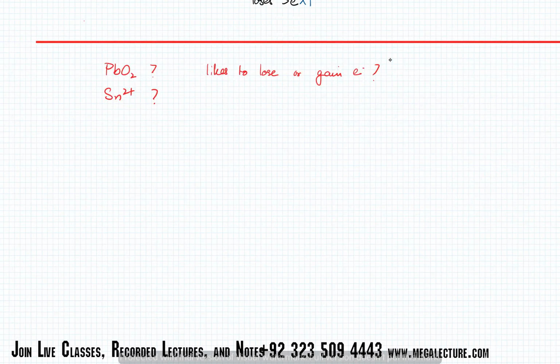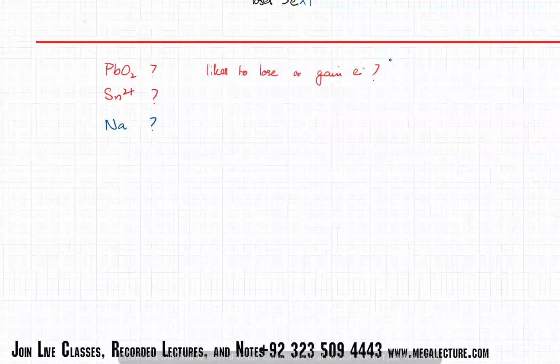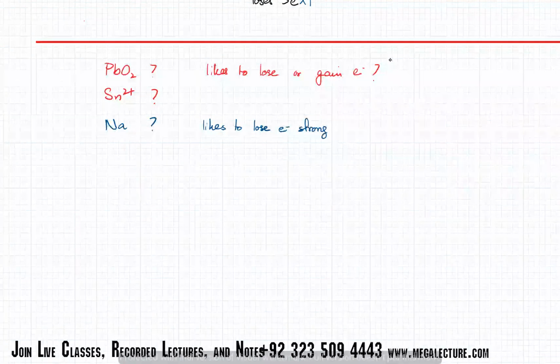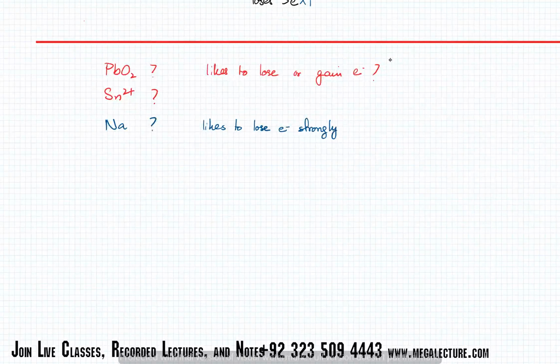So for example, if I ask you what sodium wants to do, what is the answer? Does it like to lose electrons? Does it like to gain electrons? Lose electrons. Okay, and it likes to lose electrons vigorously, so it has a very strong tendency to lose electrons.